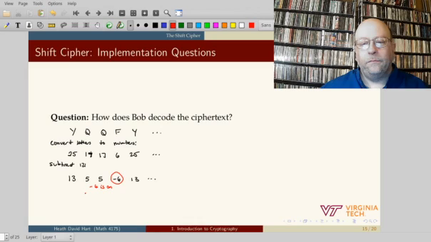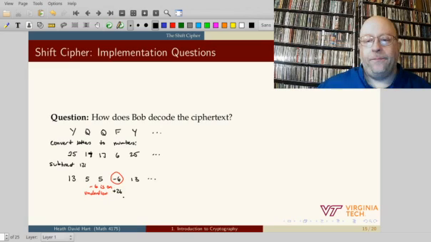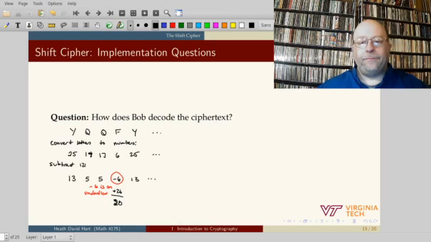Our valid letters are only between 0 and 25. There is no negative 6 in the alphabet. And so what we have to do is add 26 back to have it wrap back into the alphabet. And negative 6 plus 26 is 20, sorry. There we go.